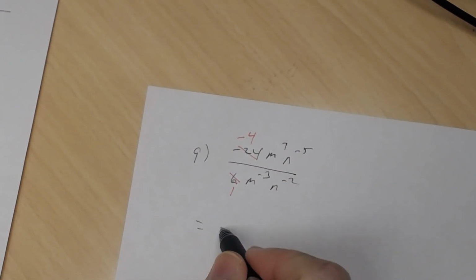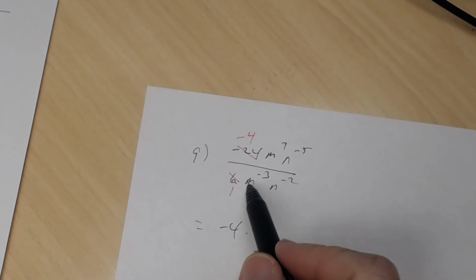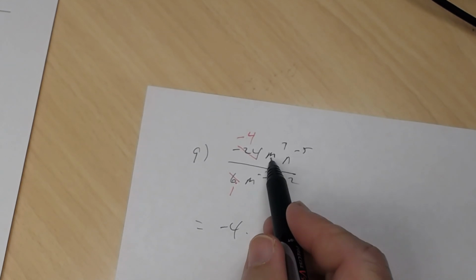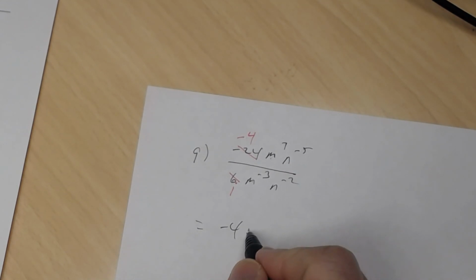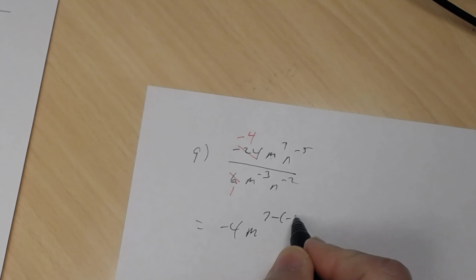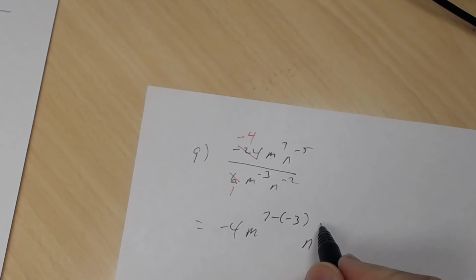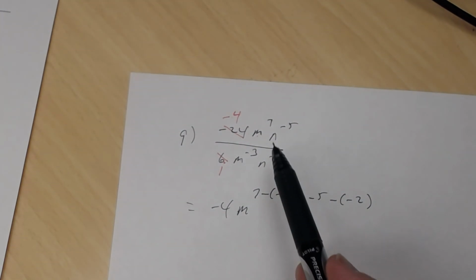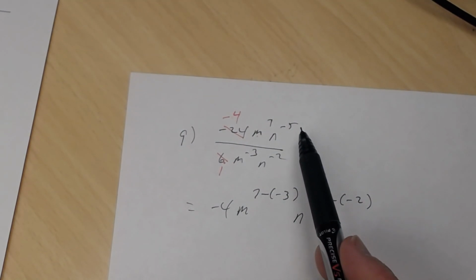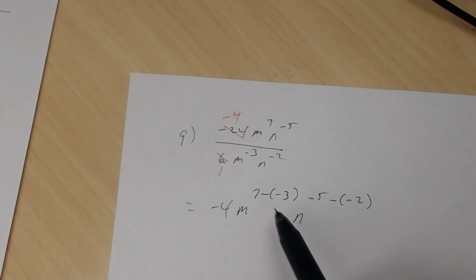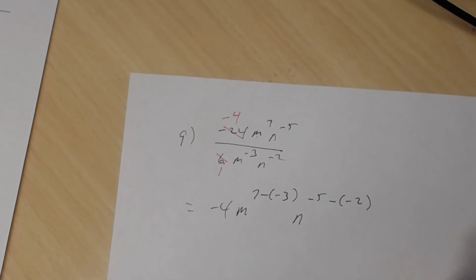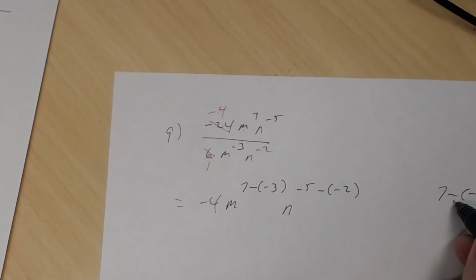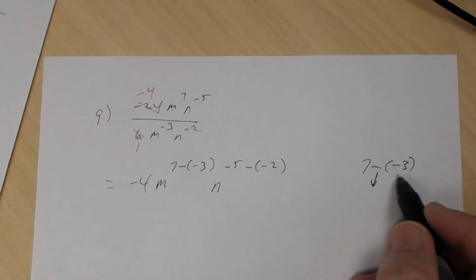So far I have negative 4 times, all right, now let's use the quotient rule with the m's and n's. Divide like bases, subtract exponents. So that would be m to the 7 subtract negative 3, times n to the negative 5 subtract negative 2. Remember, it's always subtract. Now 7 subtract negative 3, you've got to remember this: change the subtraction to addition, so you add the opposite.